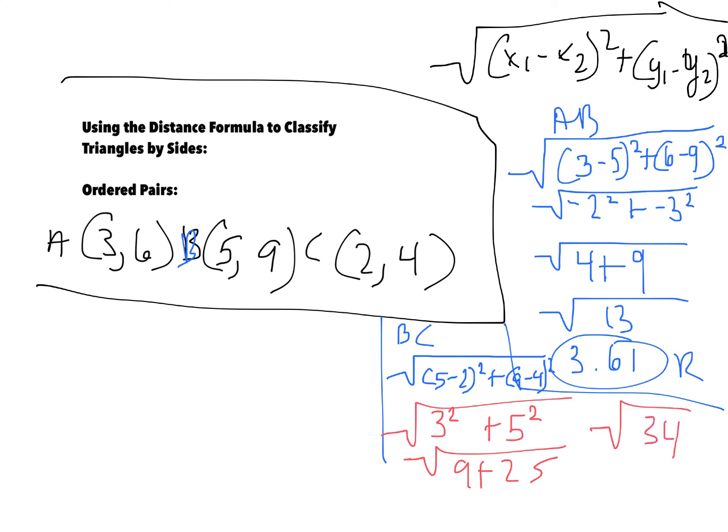Then we take the square root, and the answer is going to be another messy number, 5.83 rounded.